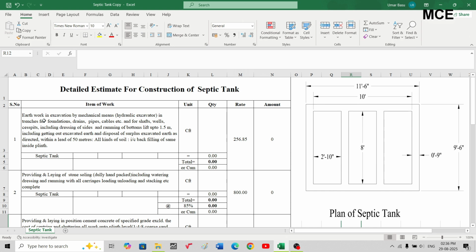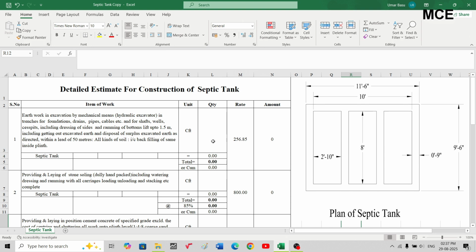The first item is earthwork in excavation by mechanical means using a hydraulic excavator in trench for foundation, drains, pipes, cables, etc. The lift for the soil should be up to 1.5 meter and the lead should be up to 50 meters. You can find this item in the SOR. It's for all kinds of soil, and the rate for this item is 256.85 Indian rupees per cubic meter.